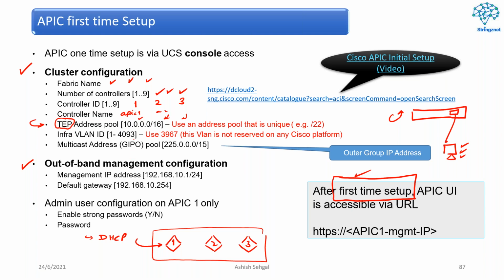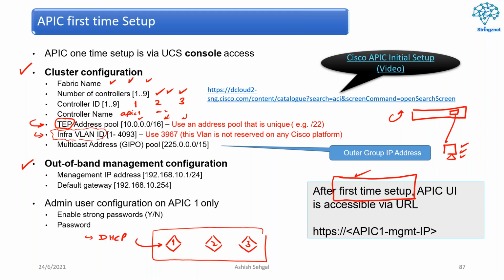Right now, since our ACI fabric nodes are going to create one particular infrastructure, there is a provision to provide one infrastructure VLAN ID to recognize all the devices under a single infrastructure.